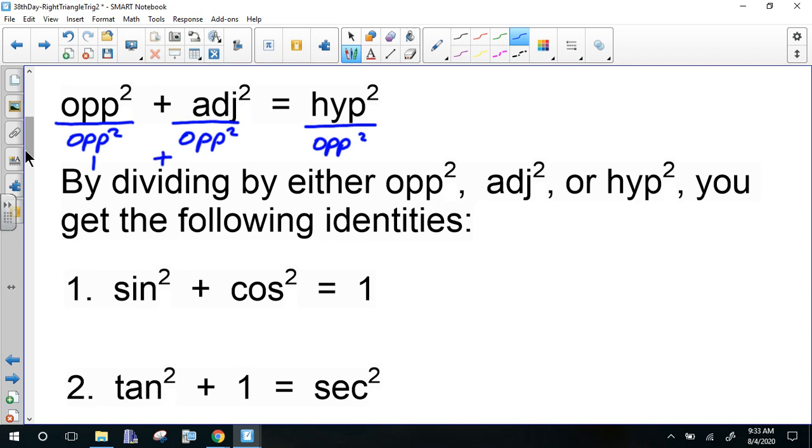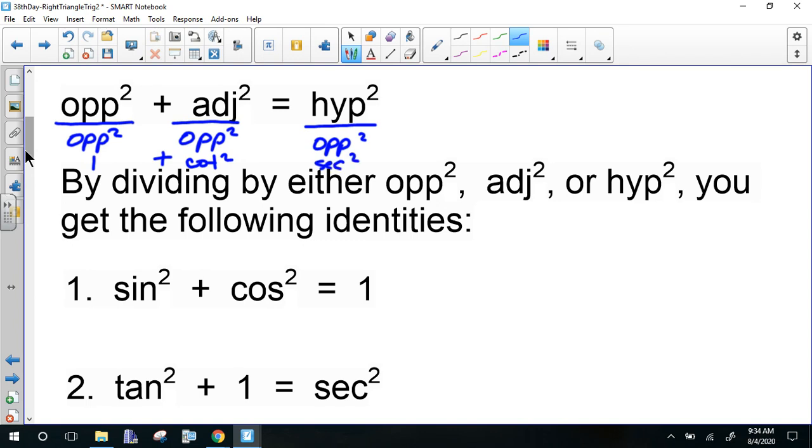Got my plus sign. Adjacent divided by opposite, that's the reciprocal of tangent, which is cotangent. Got cotangent squared. Hypotenuse squared over opposite squared is the reciprocal of sine, which is secant.